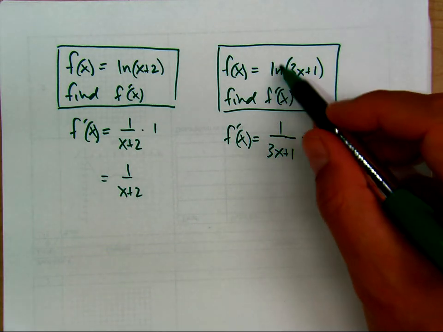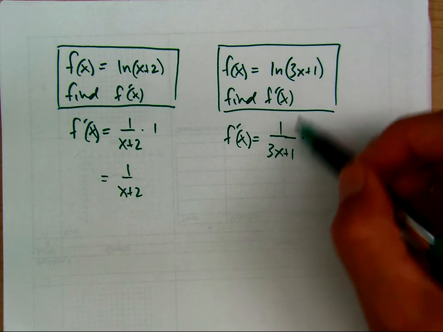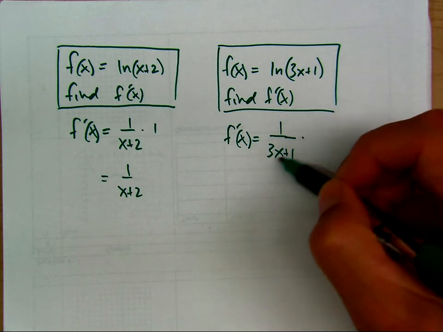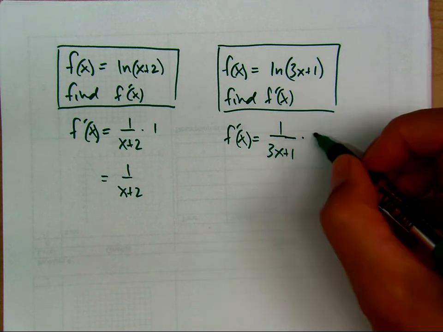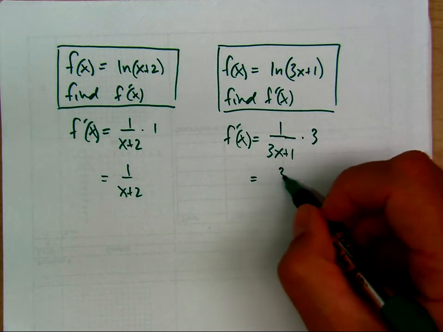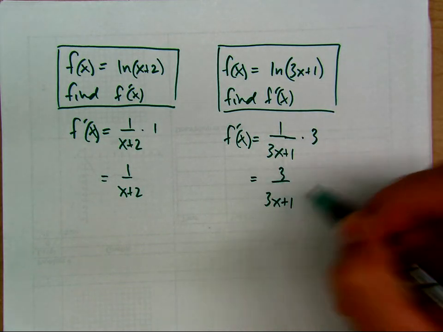If we do the derivative of natural log, we do the reciprocal of that, and then we have to leave the inside the same. That's what we're doing there. Then we take the derivative of the inside. Well, that's 3, so we have 3/(3x + 1).